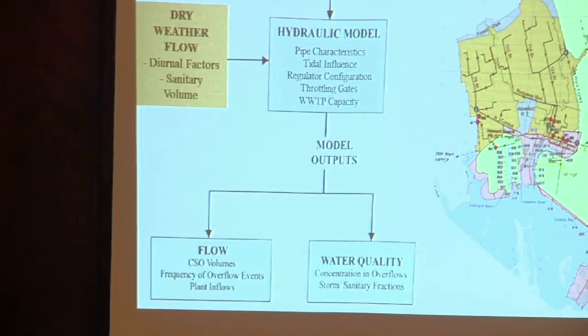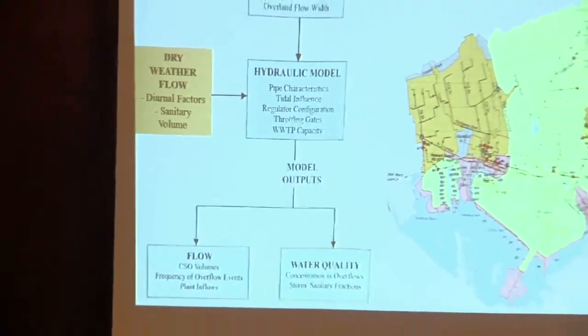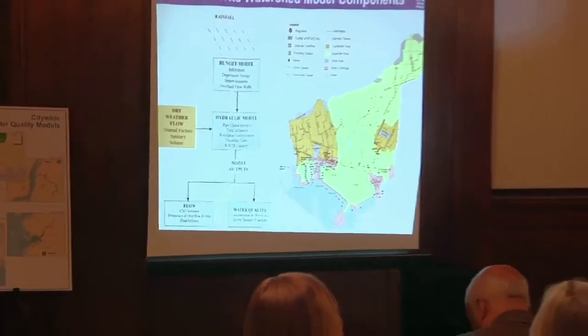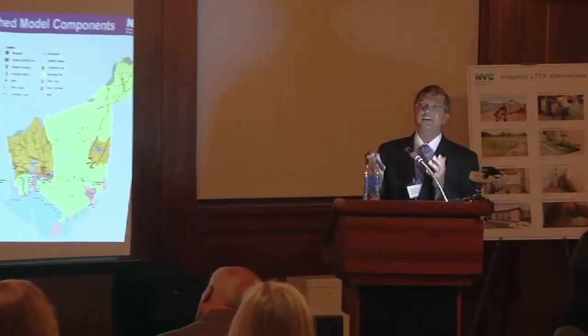This is another advantage of the InfoWorks models, where it's able to track the sanitary and storm fractions of flows within a combined sewer system, because it's a mixture of these two that get into the waterways.